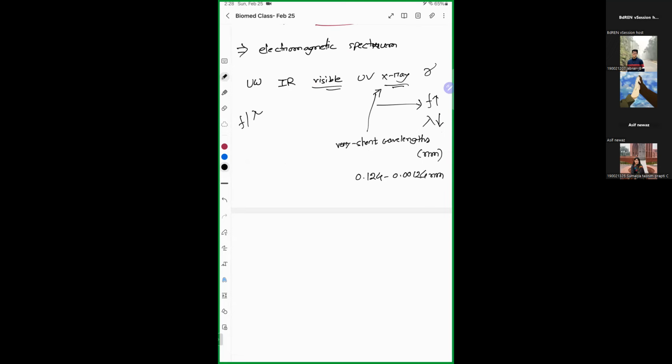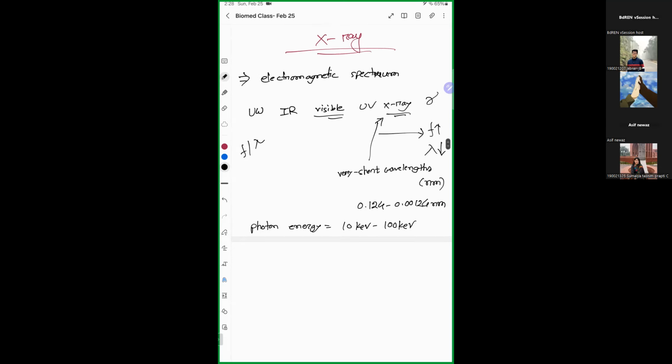In this range, X-ray radiation is normally formed. Now the X-ray photon energy is usually from 10 kilo electron volt to 100 kilo electron volt. We'll talk about this later. So this is your X-ray: electromagnetic radiation in the nanometer range, very short wavelength.